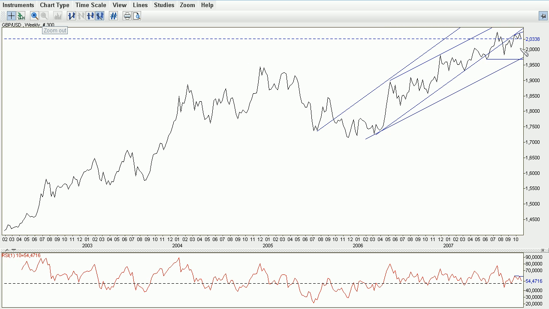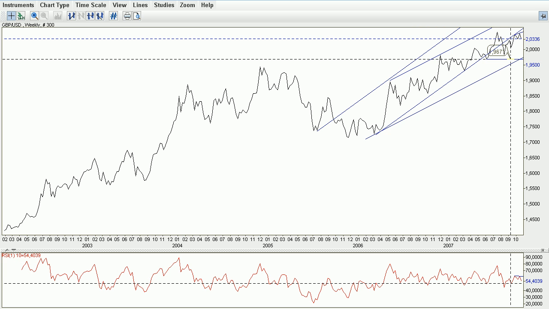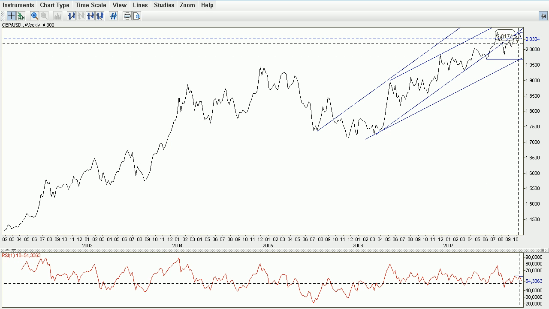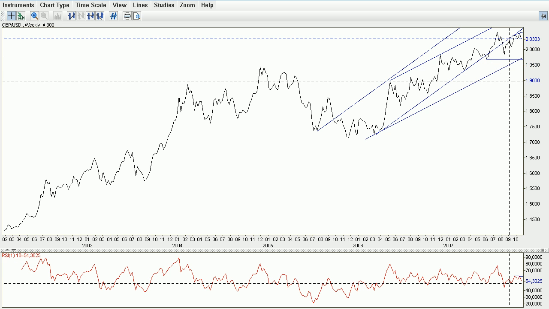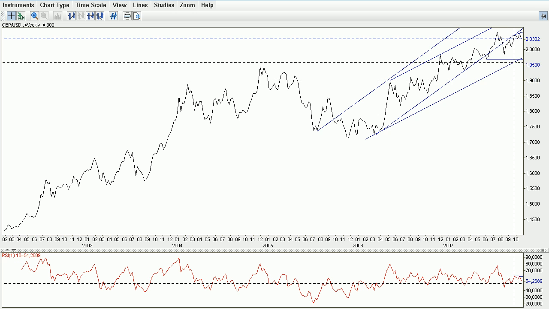If our price falls below this level, then it is going to break also this lower boundary of our channel, which means that our pair is ready to change from a bullish to a bearish perspective.